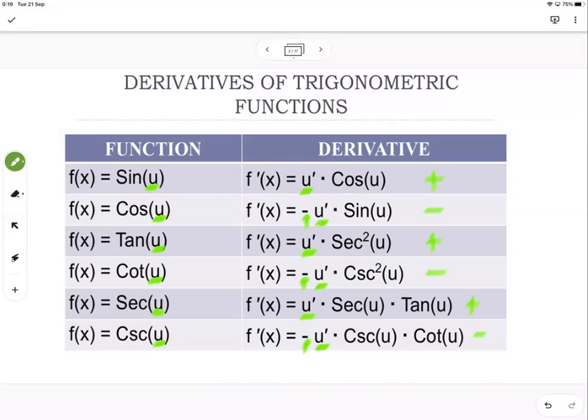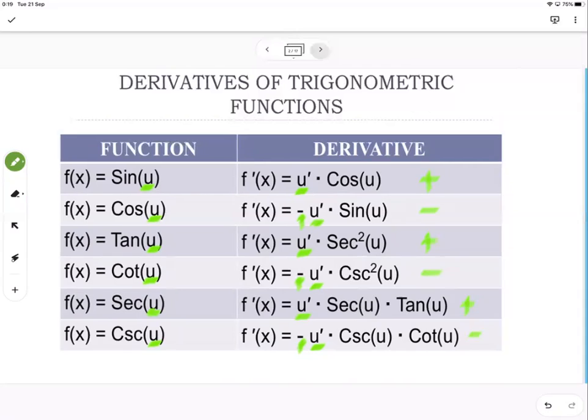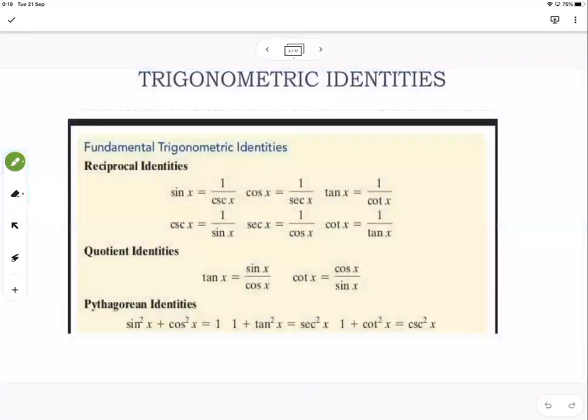Okay, so before starting with the examples, I want to remind you something. These are the trigonometric identities that you have learned in 4th semester, okay?